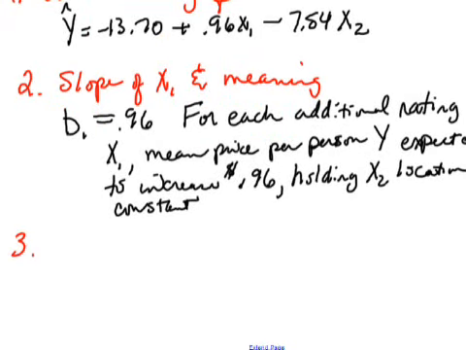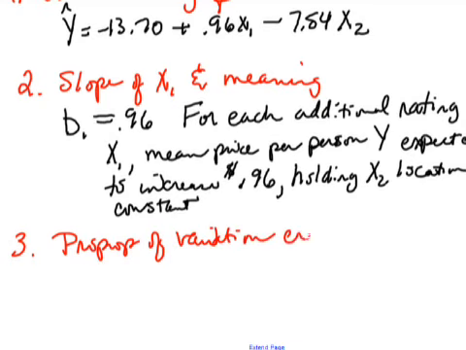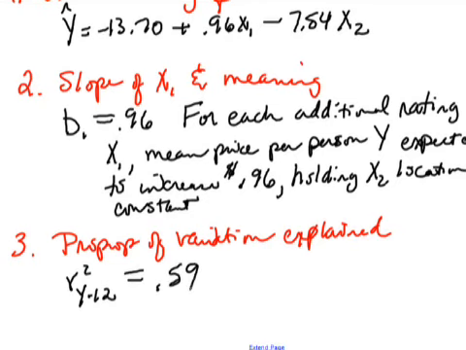Proportion of variation explained. I'll just write that shorthand. R squared y dot 1, 2, meaning we used x1 rating and x2 location, equals 0.59.